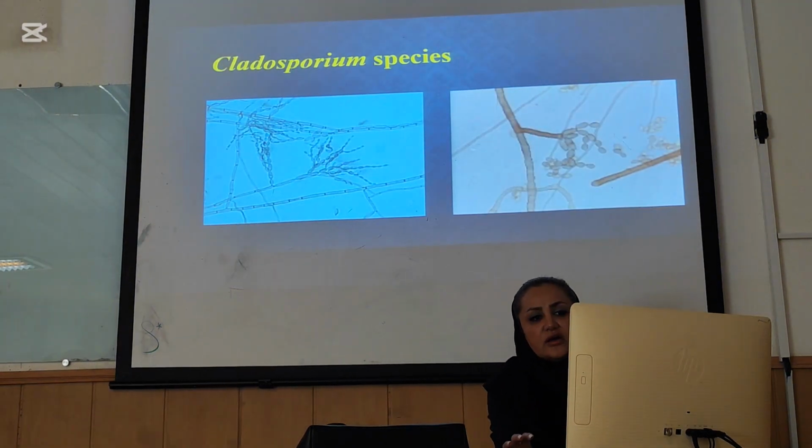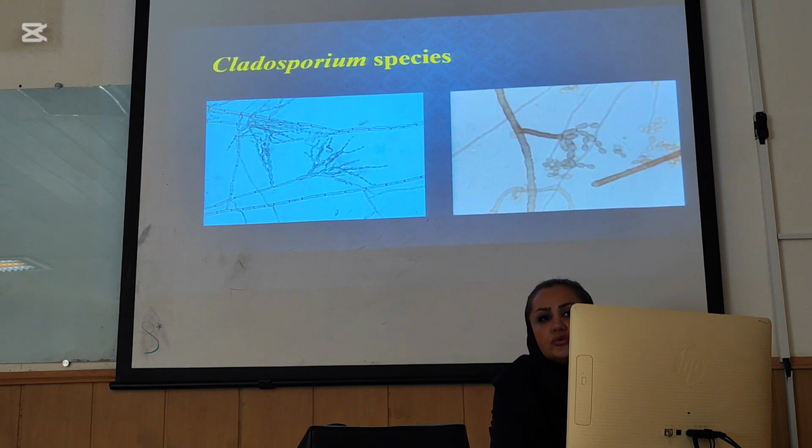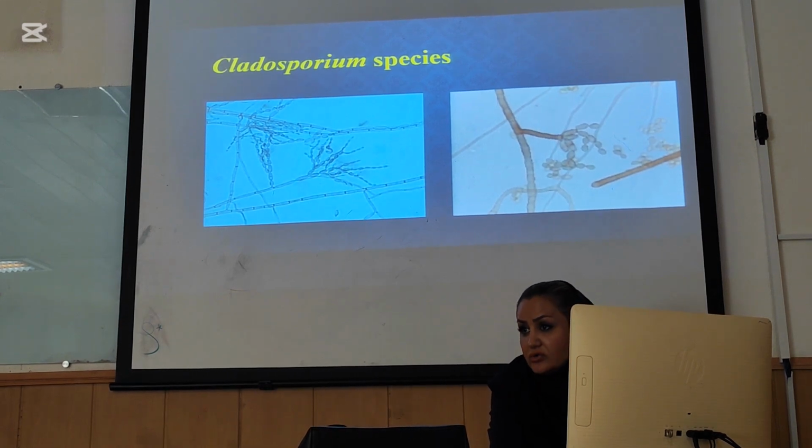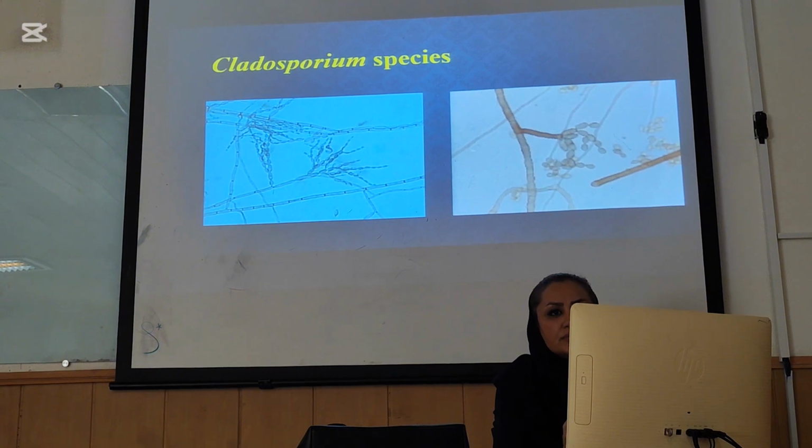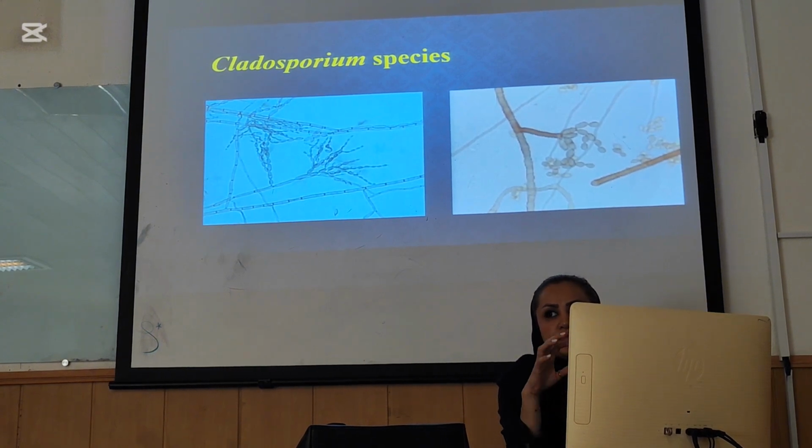And now we talk about dematiaceous hypha. Do you know dematiaceous fungi? What are dematiaceous fungi? The fungi that have melanin in their cell wall, and in the microscopic view, without any staining, we have a color band in the conidia and in the hypha.